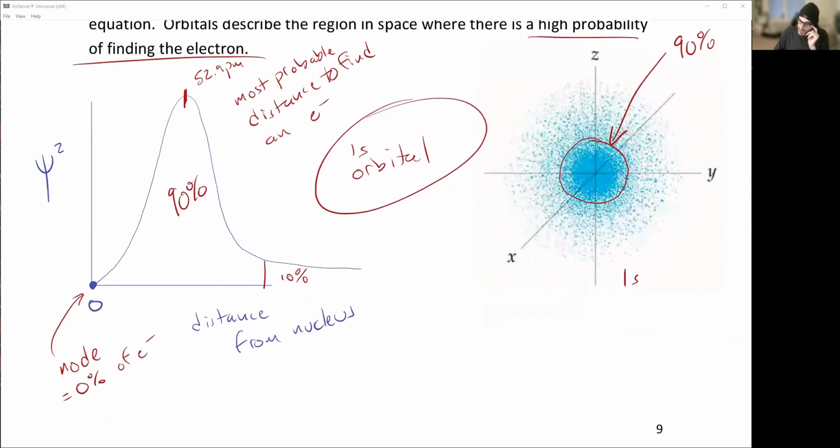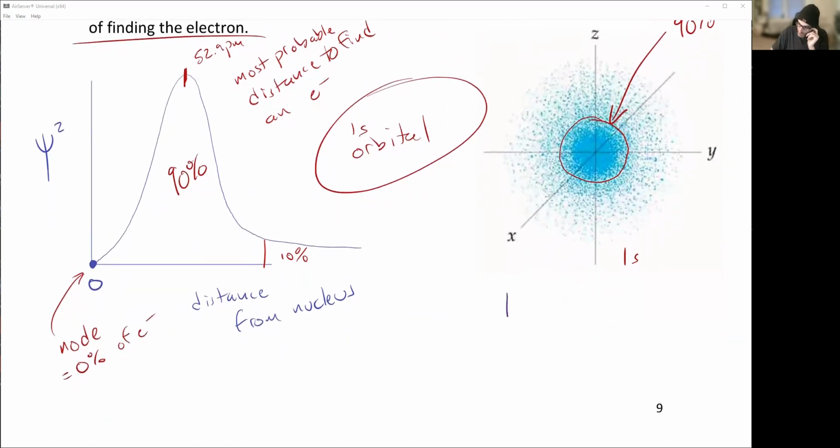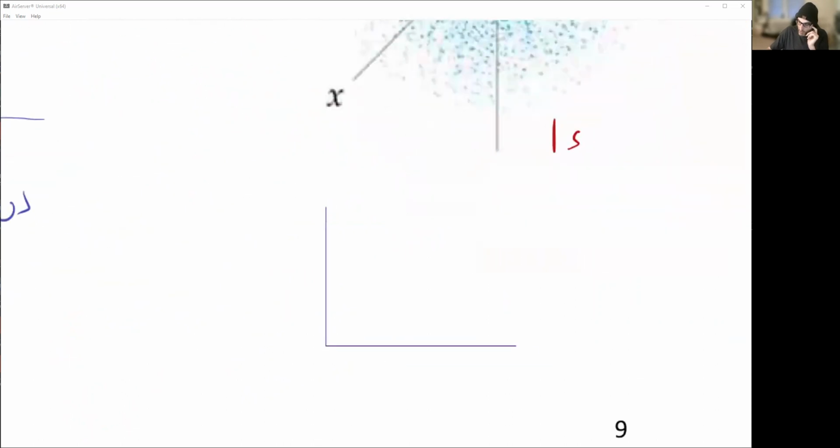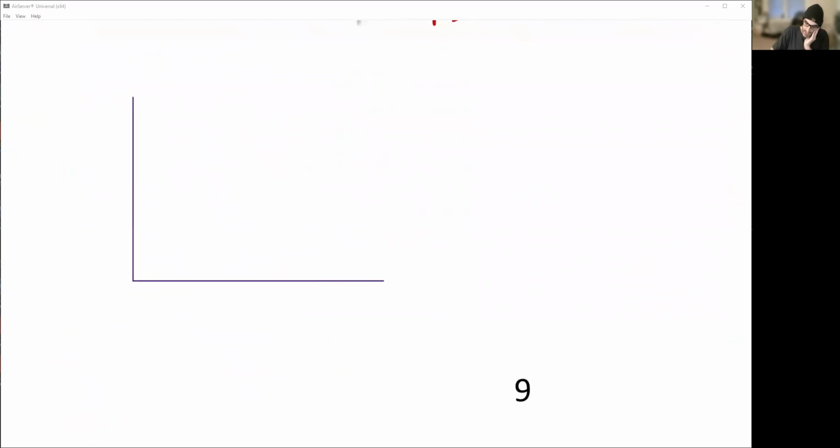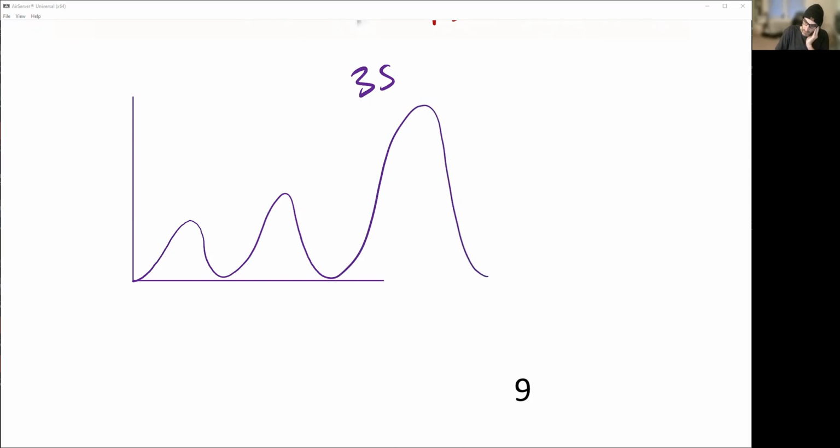If you look at some other formulas, you end up seeing that if you solve the Schrodinger equation in a couple of other instances, for the n equals 3, the 3s, for example, which is also spherical, what you end up seeing is something along the lines of this.